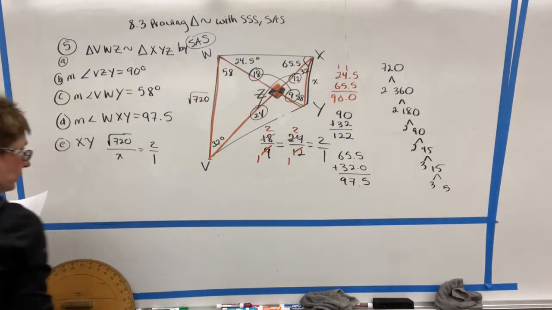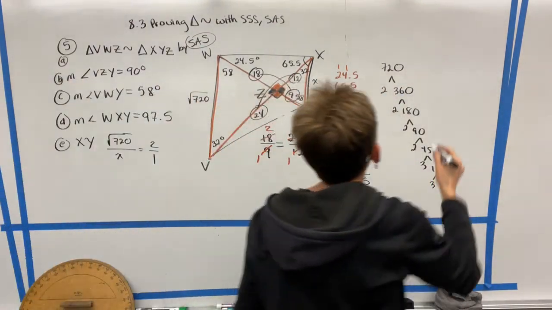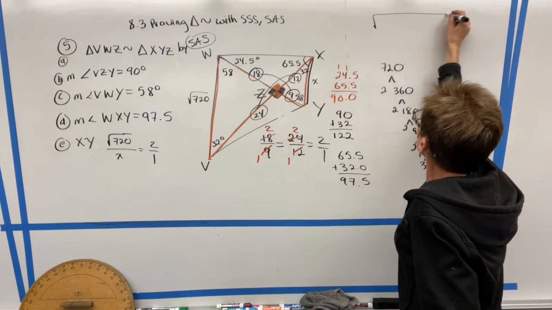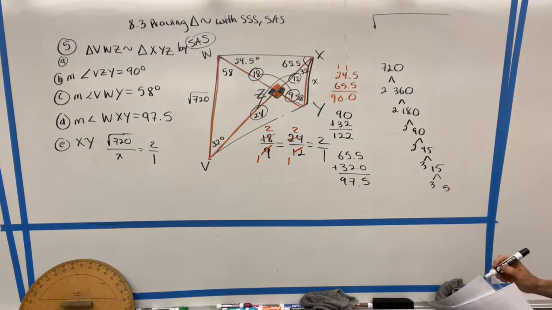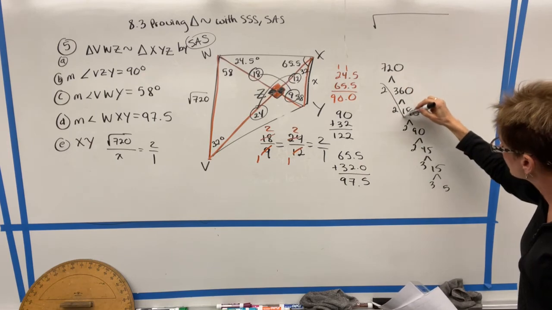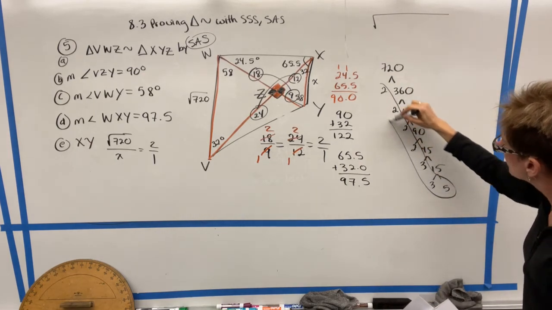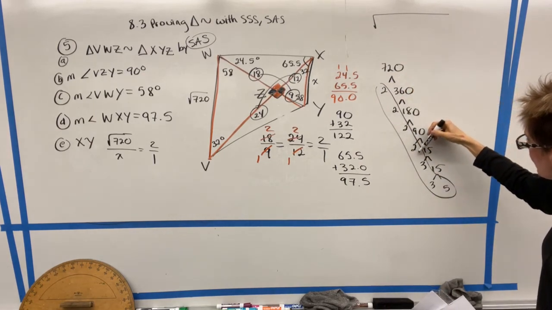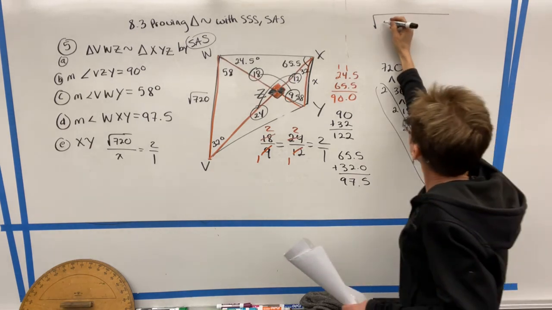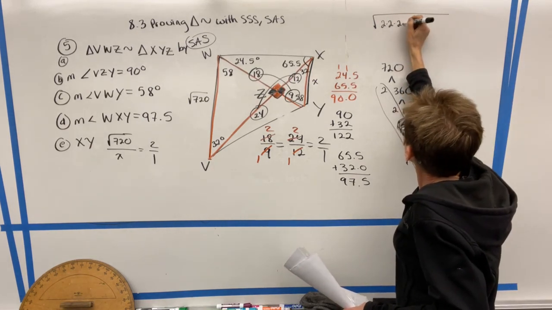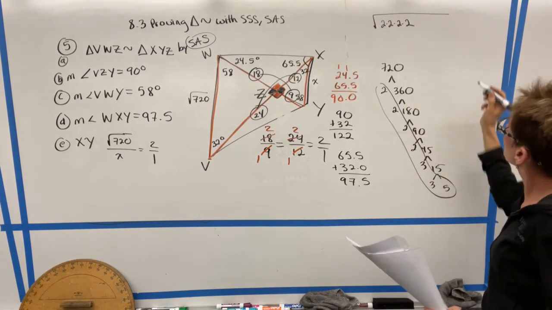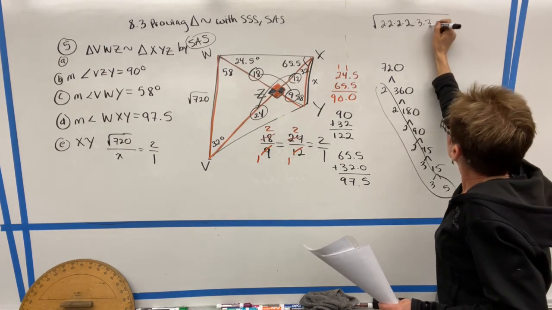So the square root of 720 is the same thing as the square root of, let's count how many 2's we have here. 1, 2, 3, 4, it looks like 4 2's. And it looks like a pair of 3's as well, and a 5.